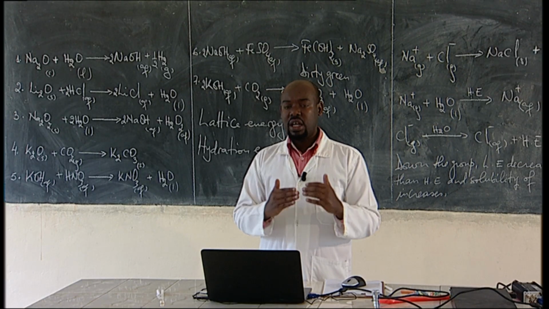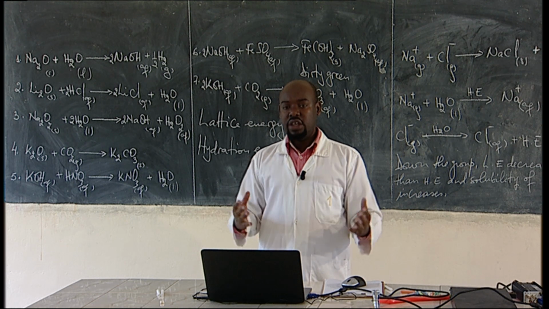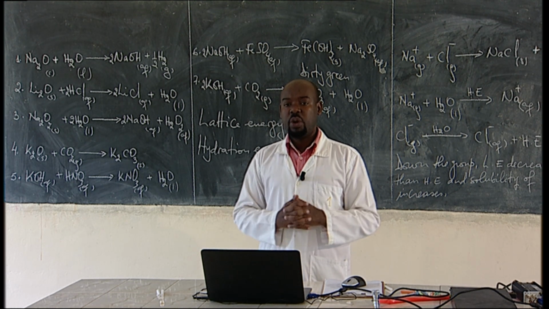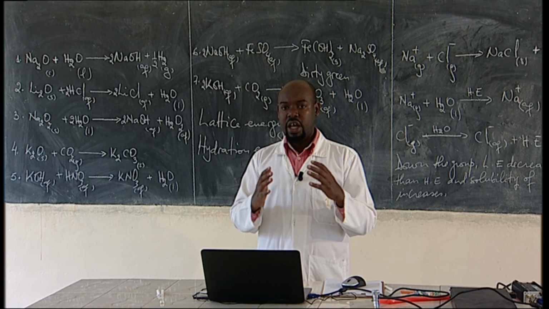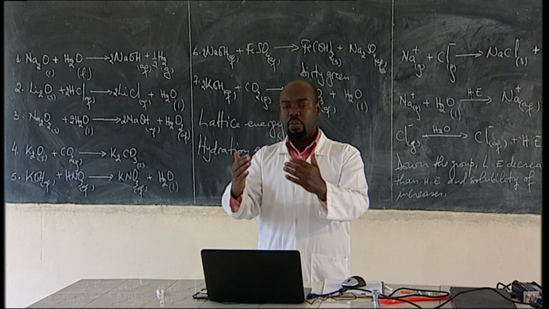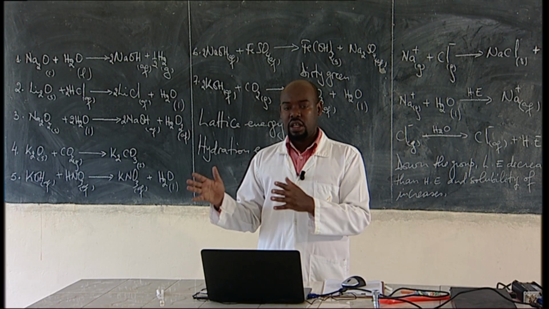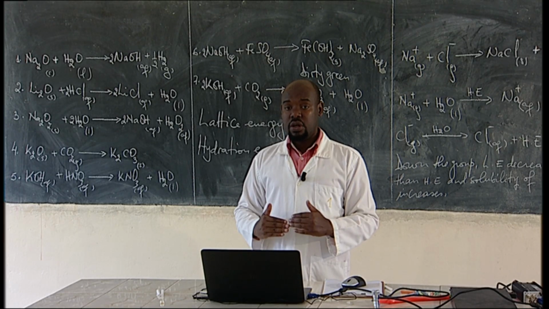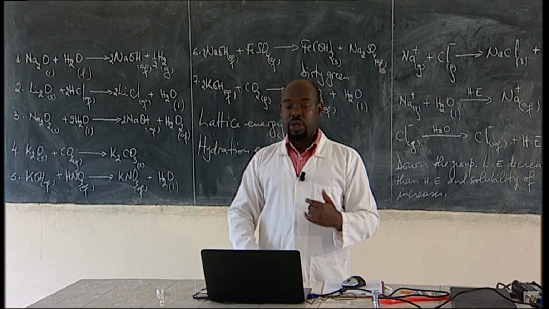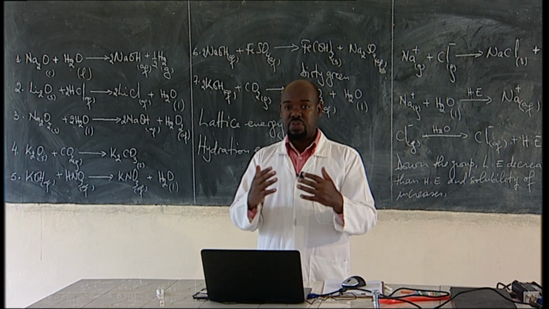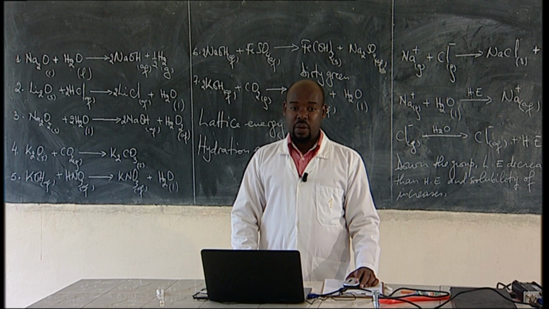So the ability of that positive cation to attract the negative electron cloud towards itself is what we call the polarizing power. If a cation is attracting the electrons back towards itself, then the ionic character of the substance will reduce, while the covalent character will increase, because there is something of sharing being introduced again.